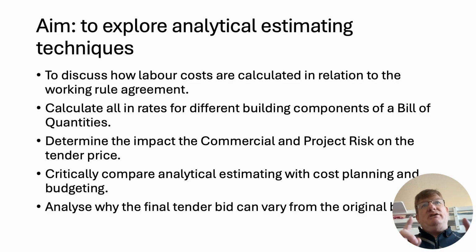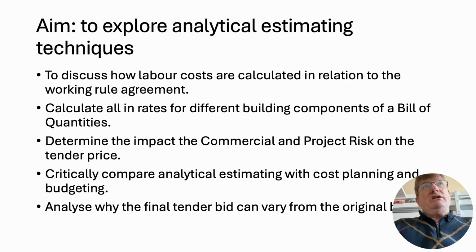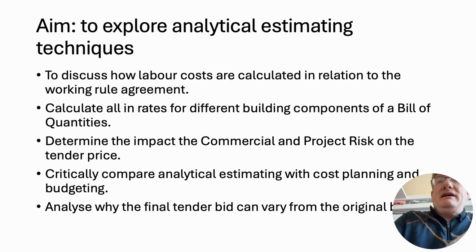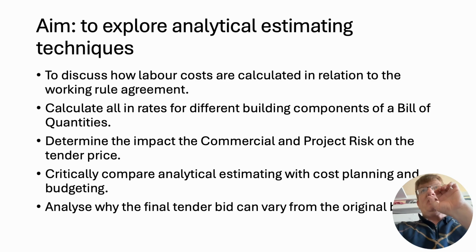Using that, and doing some analysis, you can produce a more accurate estimate using the elemental cost plan, approximate quantities as measured in accordance with NRM1, and then create an elemental unit rate based on those quantities. So you get it as you progress.